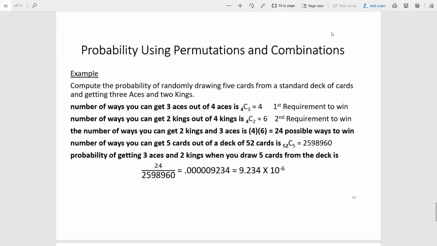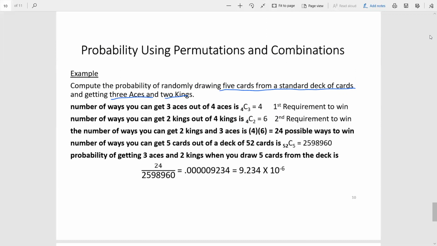Let's look at another example of using permutations and combinations. Most of this is going to be combination if order doesn't matter. We want to compute the probability of randomly drawing 5 cards from a standard deck of cards and getting 3 aces and 2 kings. So you have to get 3 aces and 2 kings in order to be a winner.